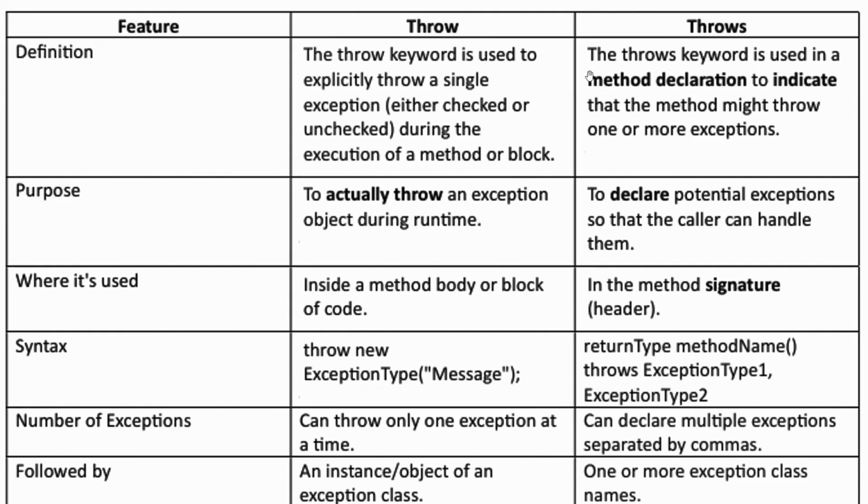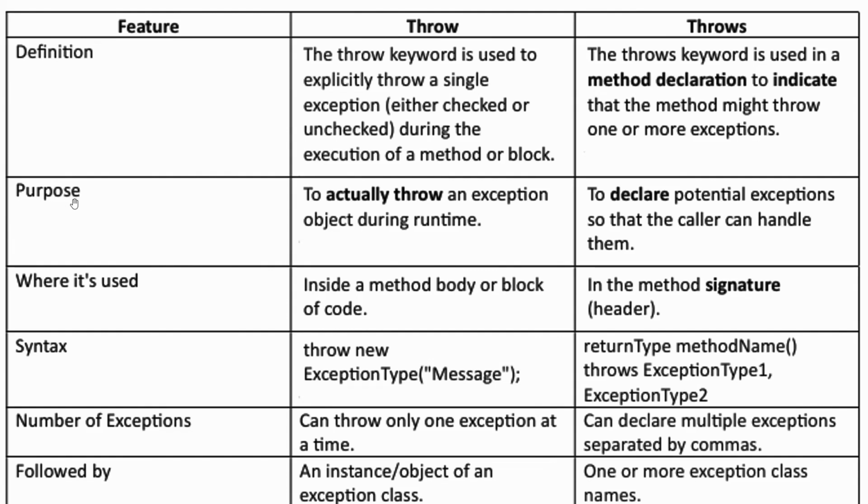And the throws keyword is used in the method declaration to indicate that the method might throw one or more exceptions. So the throw keyword is used to throw a single exception only, whether it is unchecked or checked. And the throws keyword is used to declare more than one exception at a time.